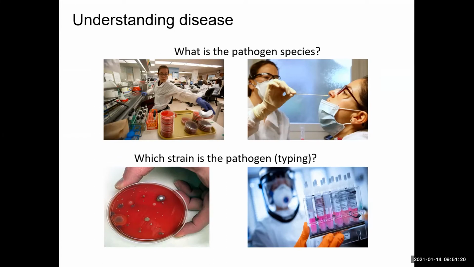The way that we differentiate those strains is by using typing. I want to introduce that term, typing. I'm sure lots of you are very familiar with this, but others may be less familiar.